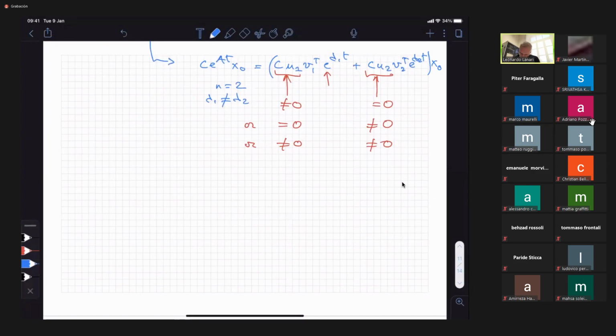So we talked about this example, which I think is quite curious.